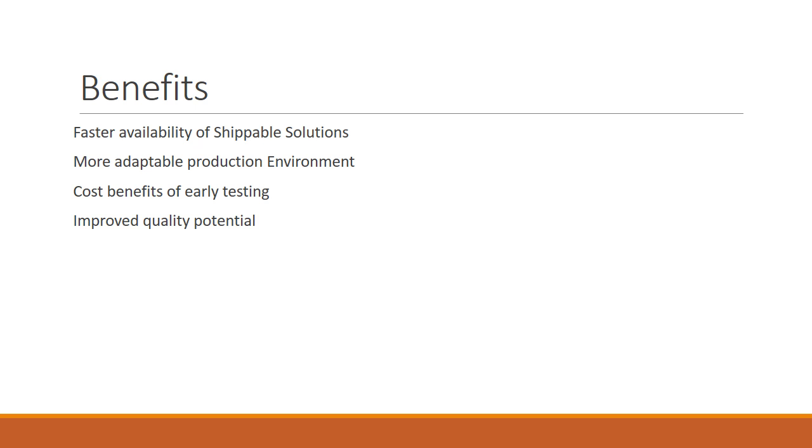It's much less costly to test during those smaller iterations rather than trying to test a huge project at the end. Studies have shown that it's cheaper to test in smaller iterations. You don't have to test as much, you're just testing what's changed, and there's also the potential to improve quality.